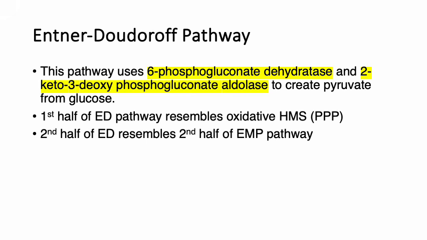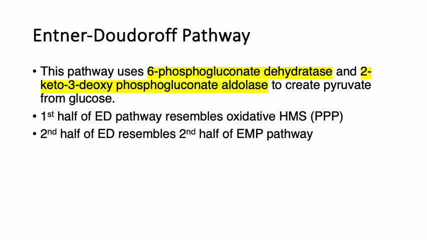Now, specifically, your ED pathway uses two specific enzymes, your 6-phosphogluconate dehydratase and 2-keto-3-deoxyphosphogluconate aldolase to create your pyruvate from glucose. To better understand, the overview of your Entner-Doudoroff pathway is literally a combination of two common pathways.